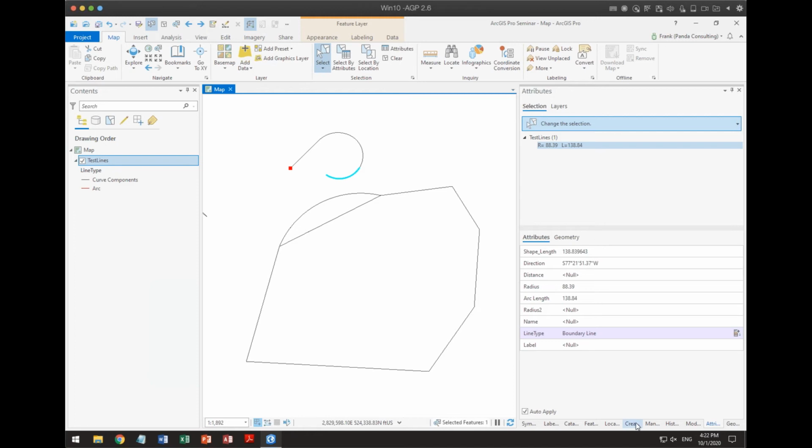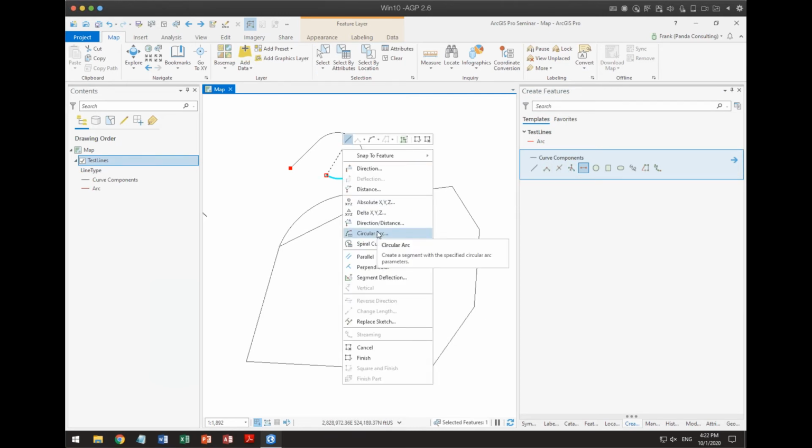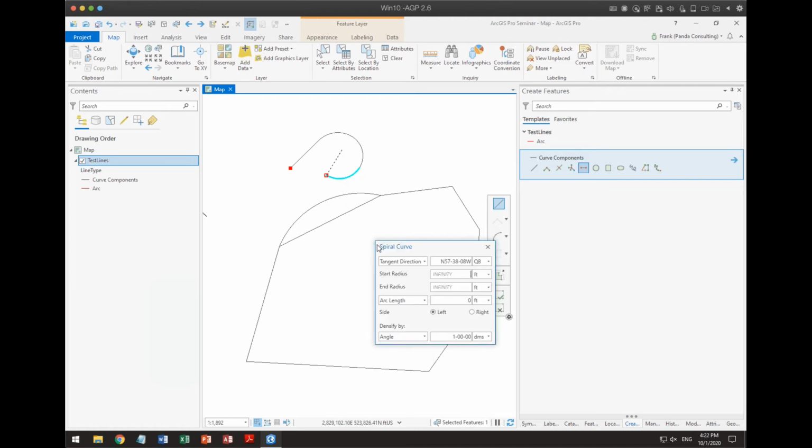If you know the parameters of a curve, you can go in here, and just as there is a circular curve, there is a spiral curve. A spiral curve is a curve whose radius changes between the beginning radius and the ending radius. These are traditionally along roads, highways, super highways.